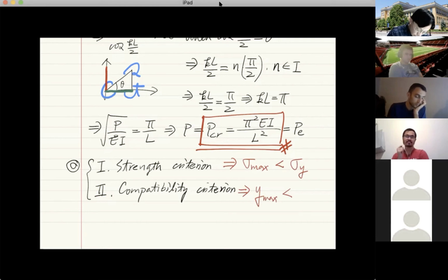And you can use this delta to define it.